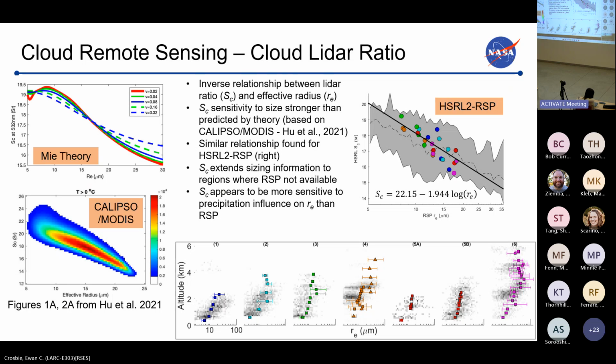One thing that's kind of interesting is that Calypso, and indeed our data as well, seems to be more sensitive to changes in size than theory would predict. There's actually more dynamic range in the LiDAR ratio than theory would predict. So what I've done is I've taken this relationship on the right, which is just for the process study data, and applied it to the HSRL LiDAR ratio to give an effective radius.